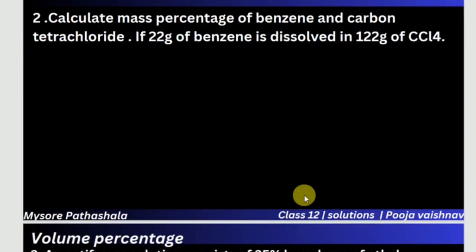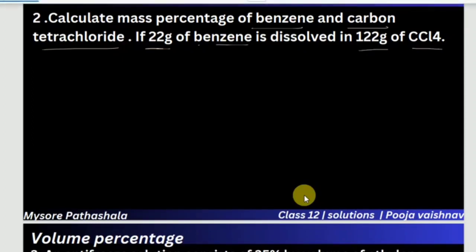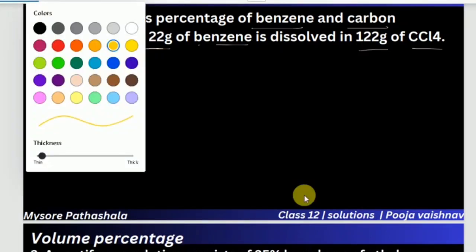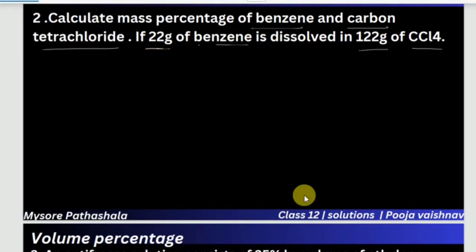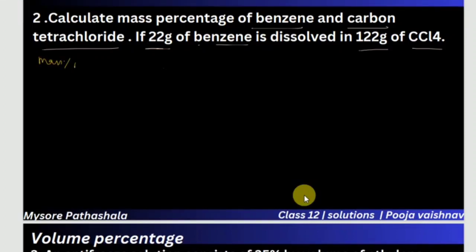Calculate the mass percentage of benzene and carbon tetrachloride if 22 gram of benzene is dissolved in 122 gram of CCl4. So here they have asked for the mass percentage of benzene, C6H6, and also the mass percentage of carbon tetrachloride.